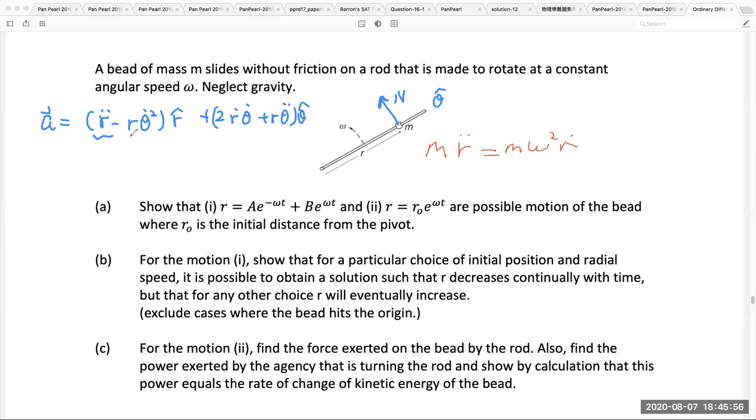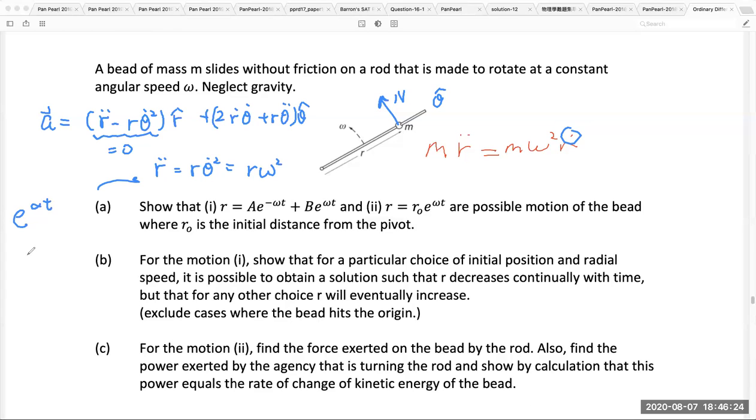This part should be 0. Actually, that's similar to what you get. It's r double dot equals r theta dot squared, and theta dot is equal to omega. This is a second order differential equation, and you can just try the solution to be e to the alpha t.